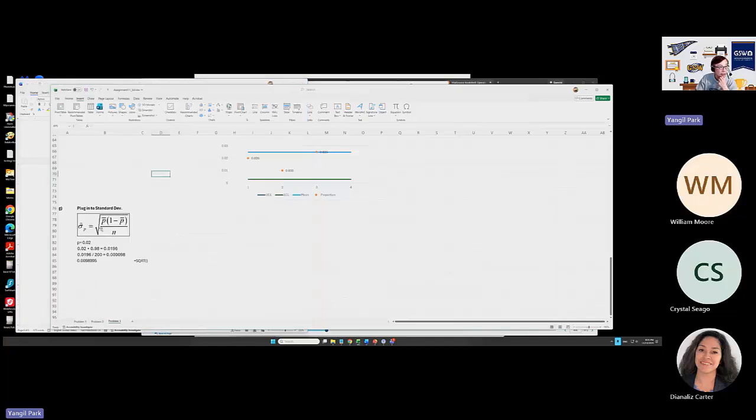So plug in those P bar right there. Then go through that. Then I just also did square root of whatever I had from the previous step. Then I found that to be 0.0098.